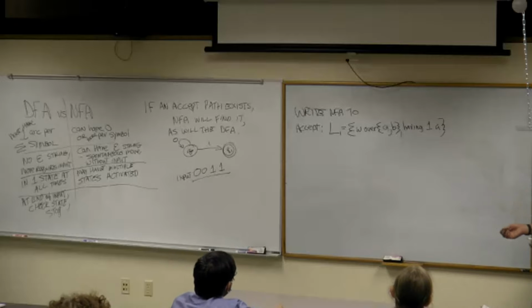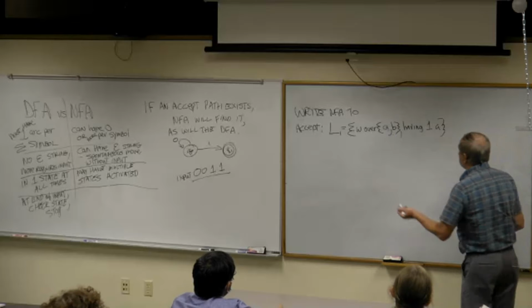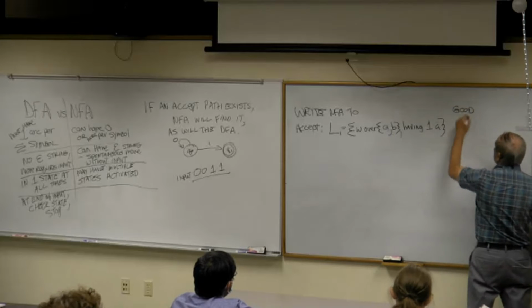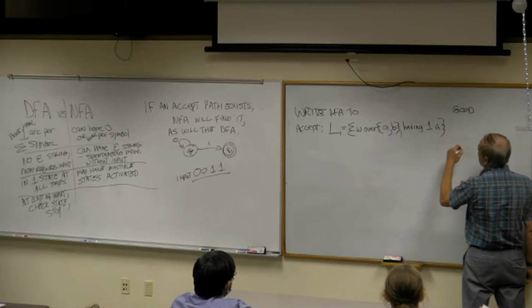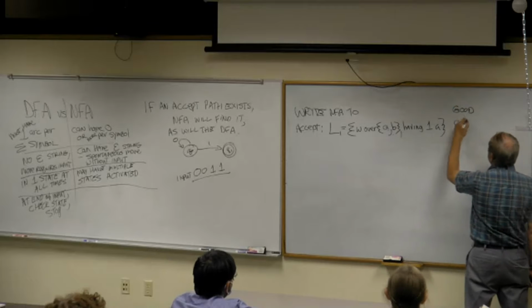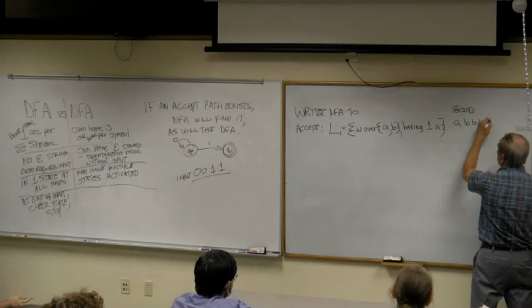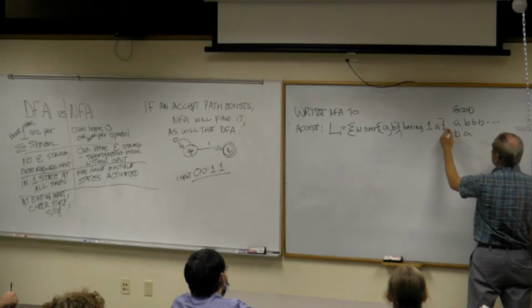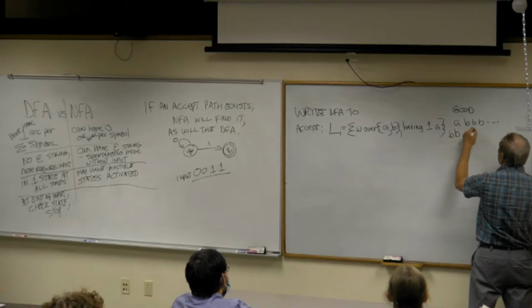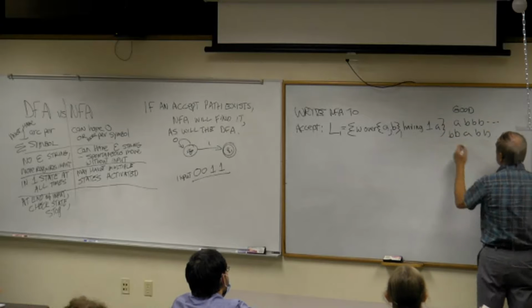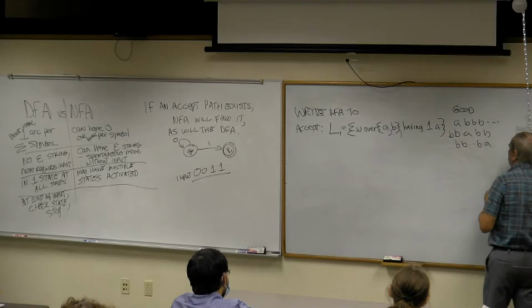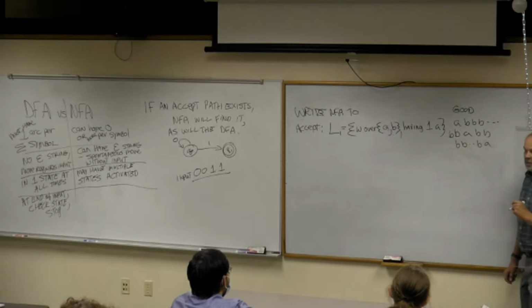One way to do that might be to list some good strings. Well, A followed by any number of B's, B's on either side, or B's followed by an A. So those are all possibilities, right?